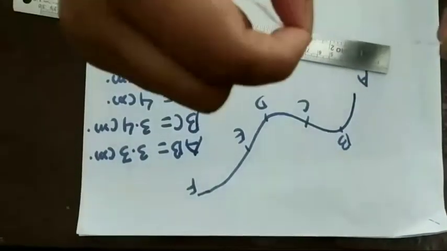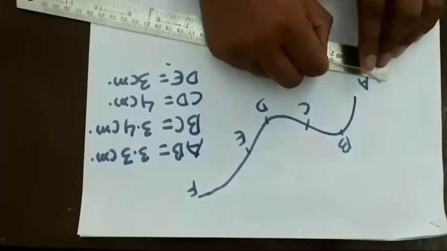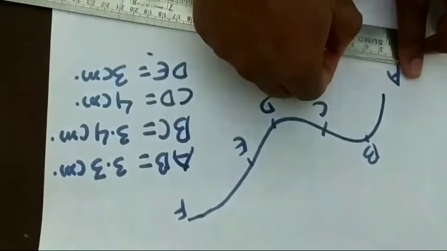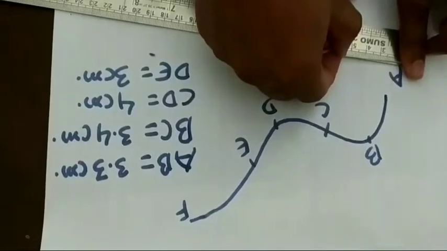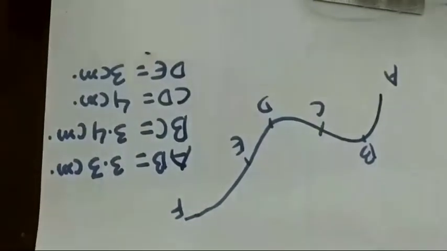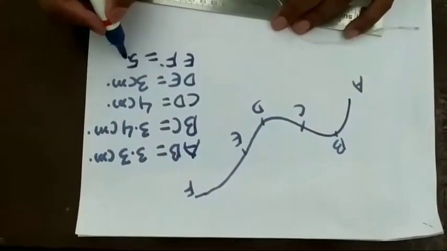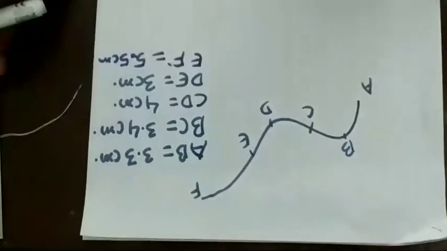Now try to find out the length of this thread on the scale. 5.5 centimeter. Okay, the length of EF is equal to 5.5 centimeter. Now you will find the total length of the curved line AF.